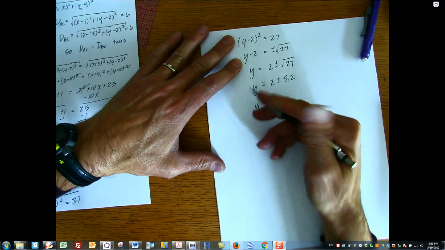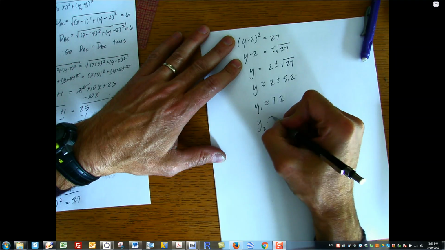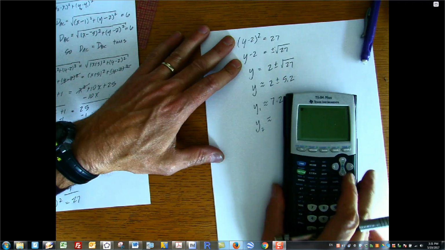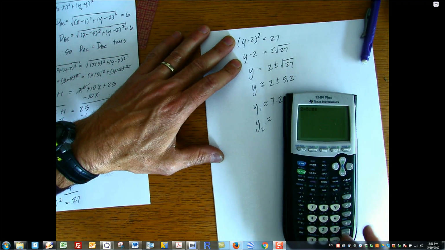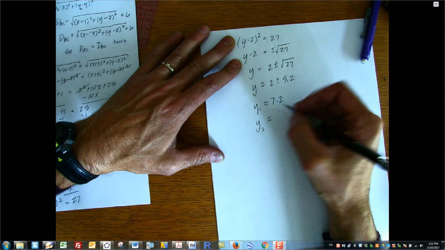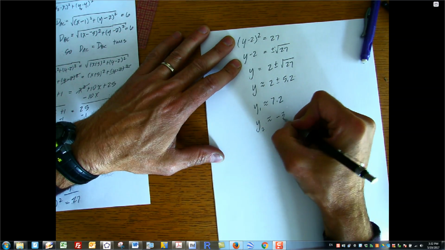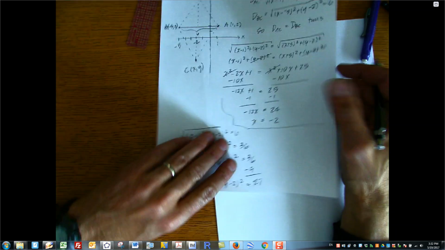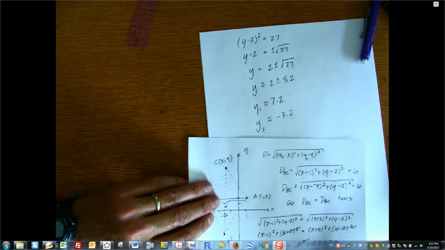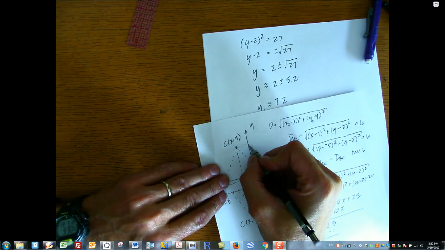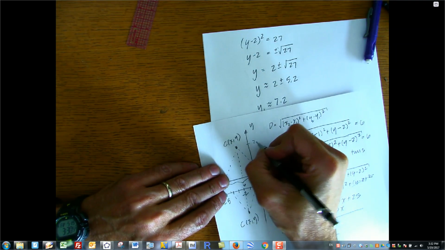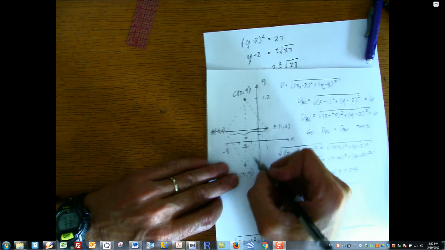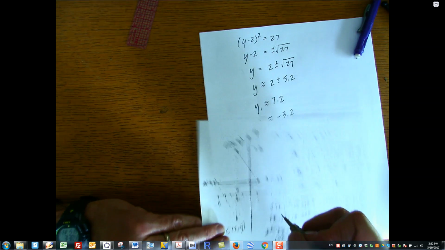And y2 would be approximately 2 minus 5.2, and we're going to get negative 3.2. So this location right here is about 7.2, and that location right there is about negative 3.2.